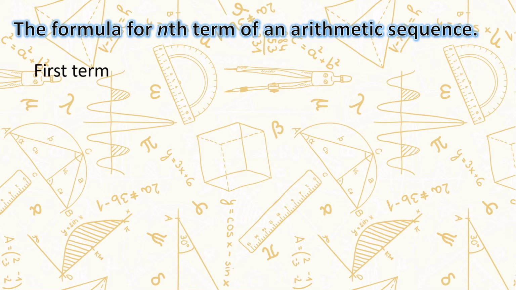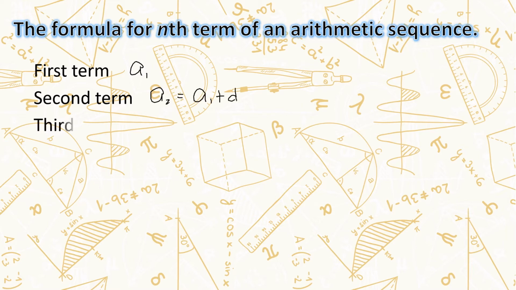Let a sub 1 be the first term. To get a sub 2, we add the constant, or the common difference, to a sub 1. So we have a sub 2 equal to a sub 1 plus d. To get a sub 3, or the third term, we add the common difference to the previous term, that's a sub 2.